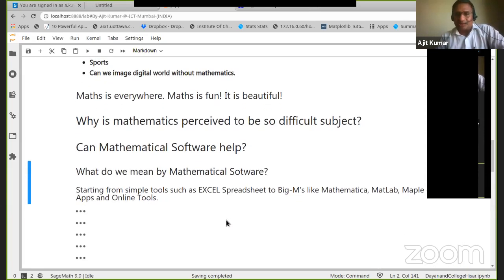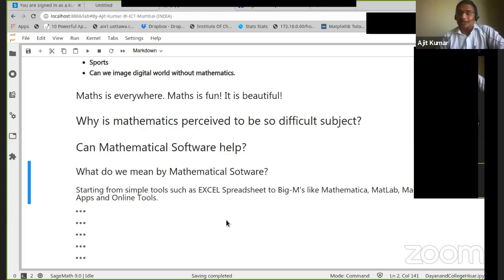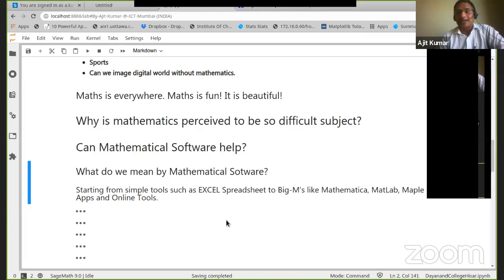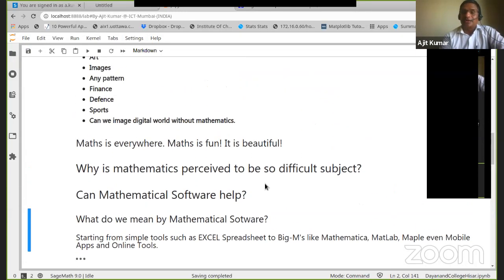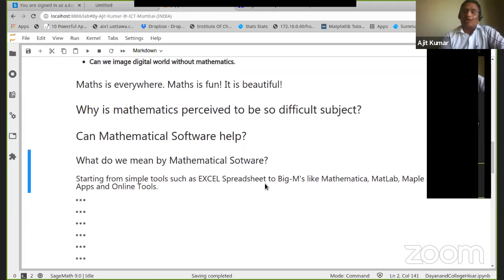When I say mathematical software, it includes the very simple Excel spreadsheet program that can also do a considerable amount of calculation, to big ones, like Professor McKinday just talked about Mathematica, Maple, MATLAB, MathCAD, Sage, or even some mobile apps and online tools. I mean all of these. Anything that can help in our teaching is going to be a good addition.